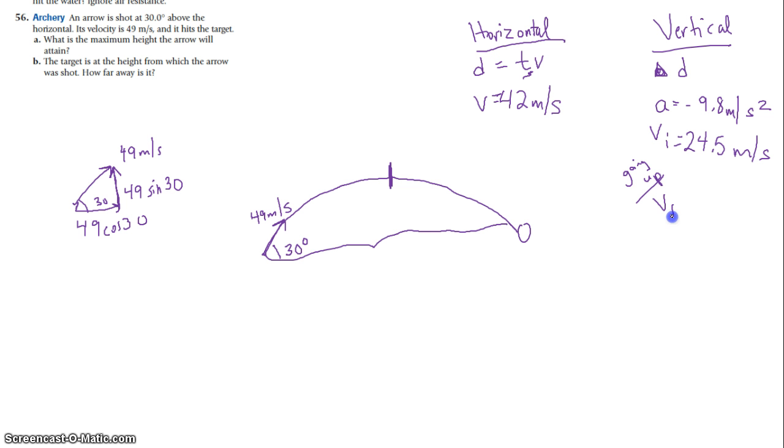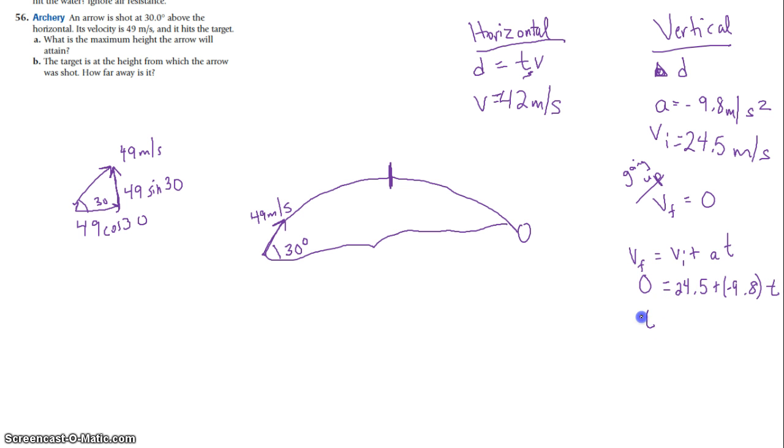Our final velocity is 0. So we can use our equation vf equals vi plus at. That's going to give us 0 equals 24.5 plus negative 9.8 t.